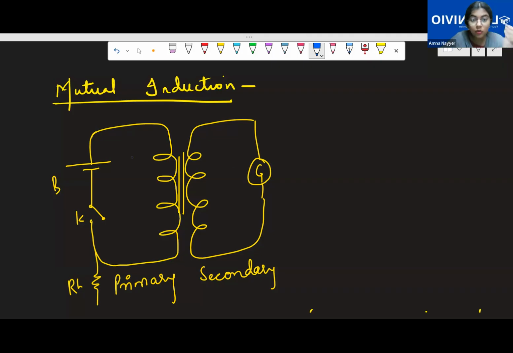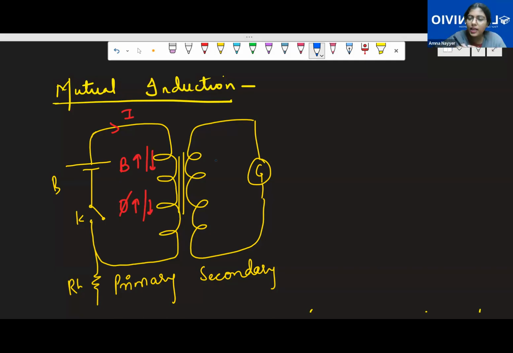Now see, in this coil, the current will come, and due to this current, the magnetic field will change. Okay, this will increase or decrease, and the flux will increase or decrease. But the induced EMF or induced current will be produced in the neighboring coil. That's why this is called mutual induction.